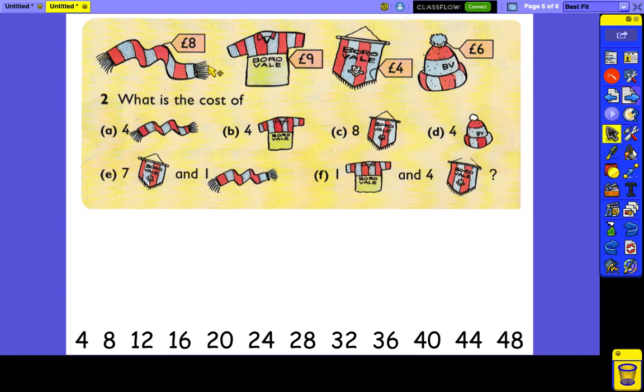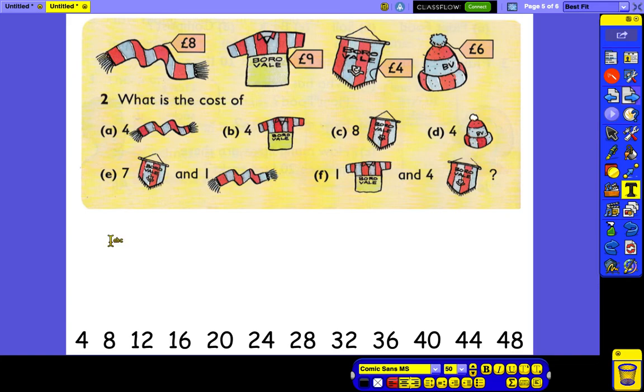After the match, everybody goes to the shop and buys some things from the shop. A scarf costs £8, a t-shirt costs £9, a flag costs £4, and a hat costs £6. You have to find the cost of 4 scarves. So it will be 4 scarves times £8 each. What is that? 4 times 8, £32.